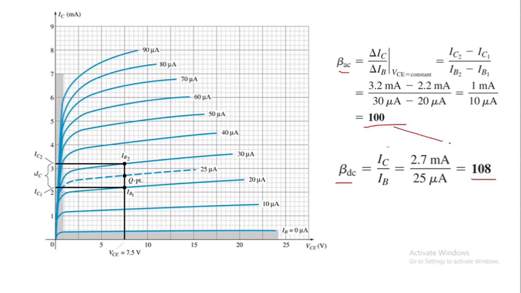One thing we must note is that beta AC and beta DC are almost similar, and most of the time we will be using these values interchangeably. You have beta AC or beta DC, you can use it in the equation.